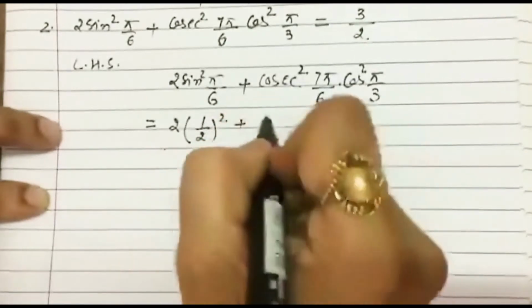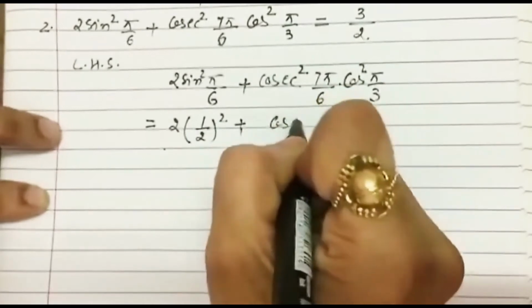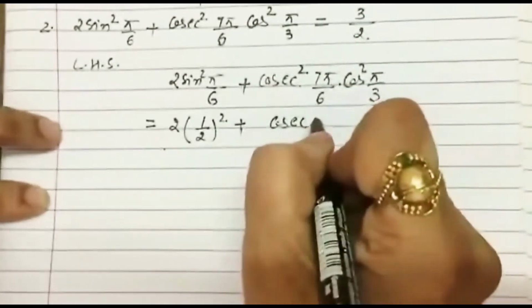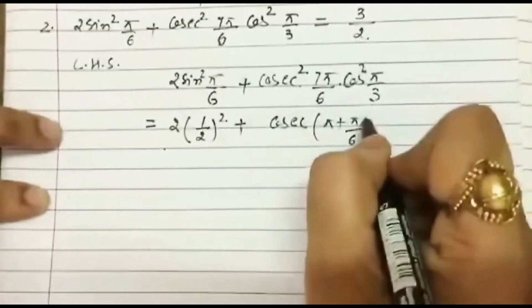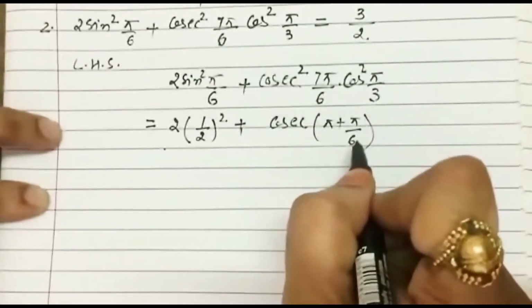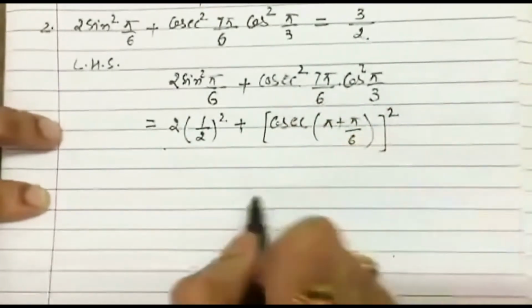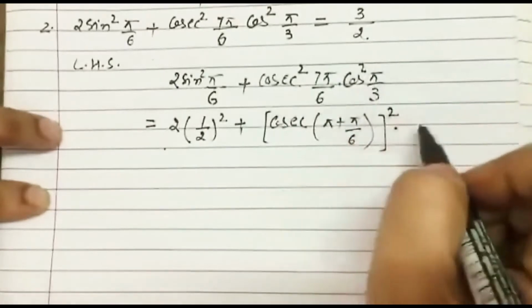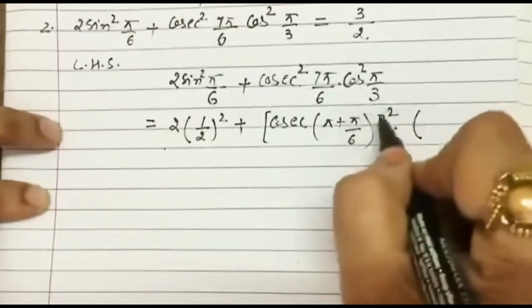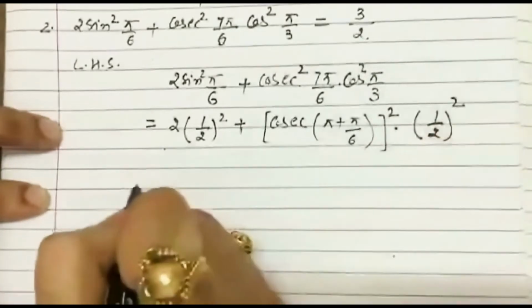Plus here it is given 7π/6. So first we have to convert to an acute angle. You can write π + π/6, which becomes 7π/6, and now it's a whole square. Here cos² π/3, the value of cos² π/3 is (1/2)².